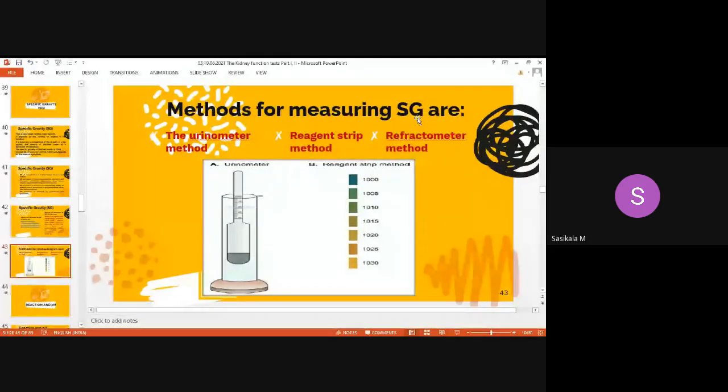So hope you have understood what specific gravity is and how it is increased or decreased due to different disease conditions and medical indications.